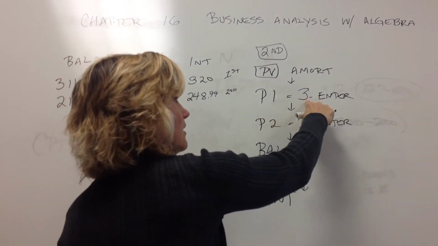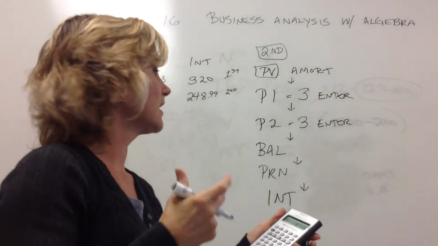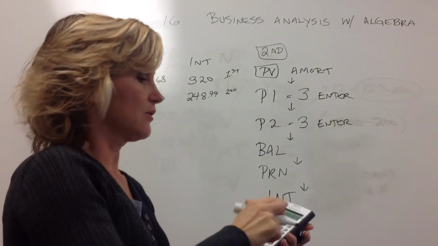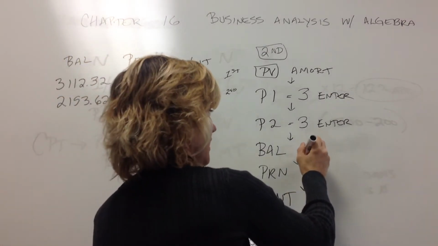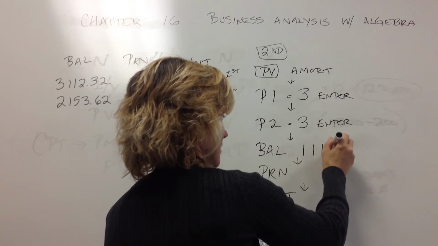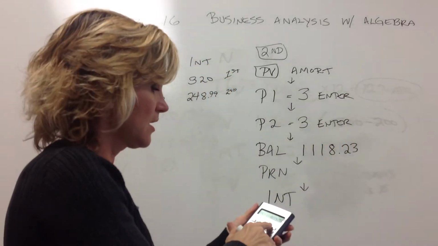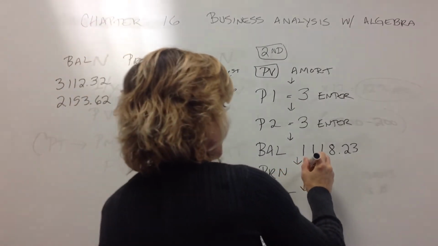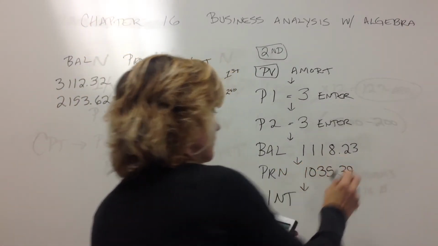So again, by making your P1 equal to 3 and your P2 equal to 3, you're isolating that third payment. Arrow down, and my balance is $1,118.23 if I round it. Arrow down again, and my principal is $1,035.39.